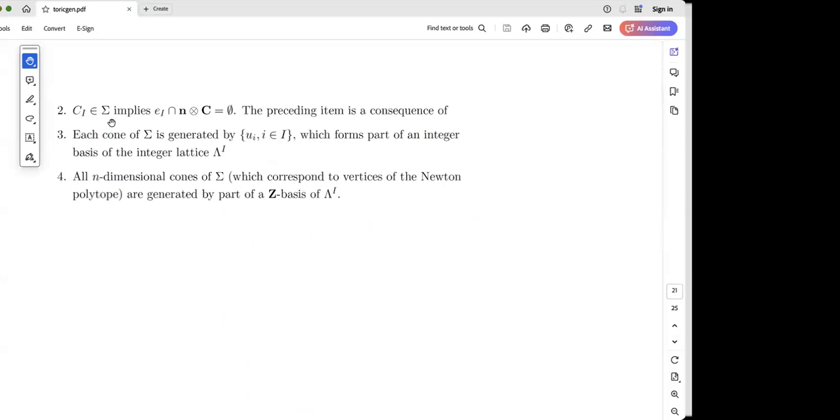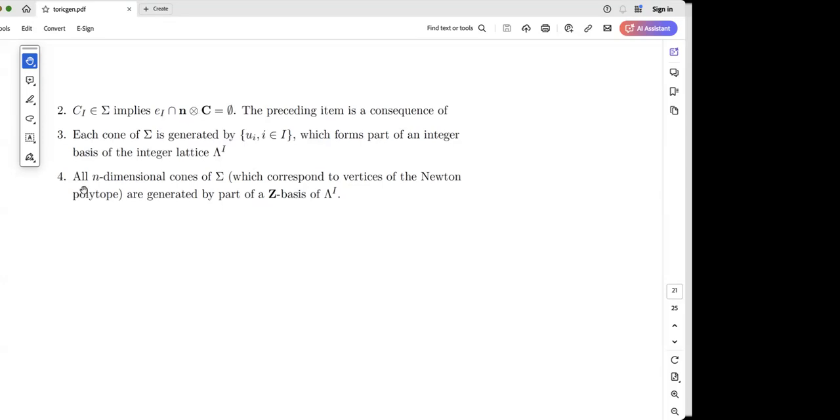You also need that if c sub I is in sigma, then E sub I intersected with the complexification of script n has to be empty. This is because each cone of sigma is generated by u sub I for I in the indexing set I, and this forms part of an integer basis of the integer lattice lambda sub I.